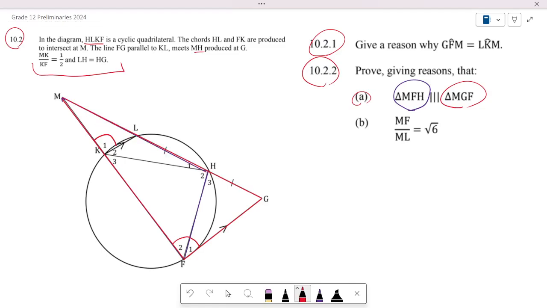So now let's break up these triangles to see what is equal over here, right? So I would normally do it like this. Let's do MFG. It's the biggest triangle. And it would look like this, where F is going to be here and G is still all the way down like that. So G is here, this is F, and this is M. Okay.